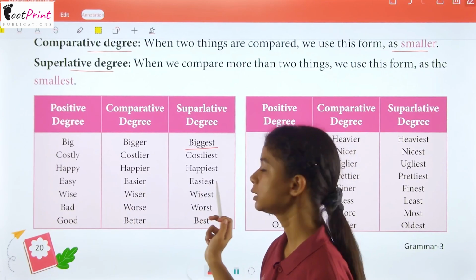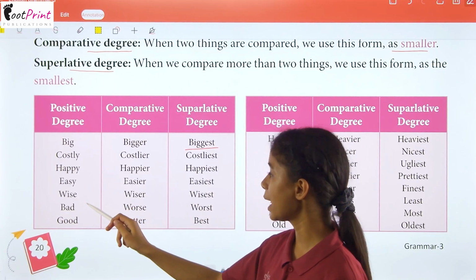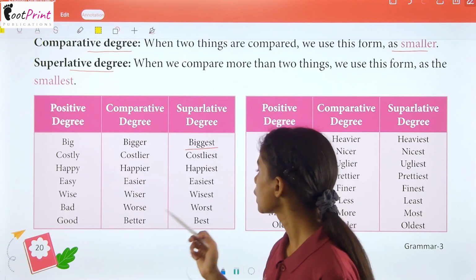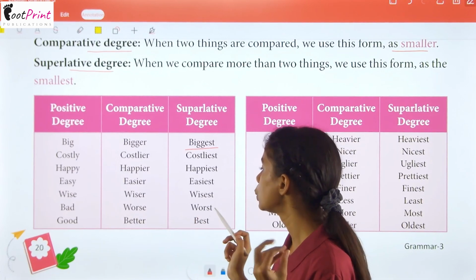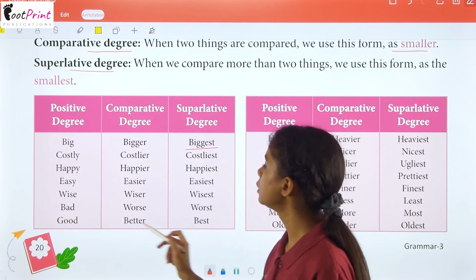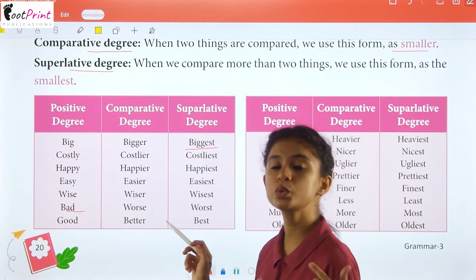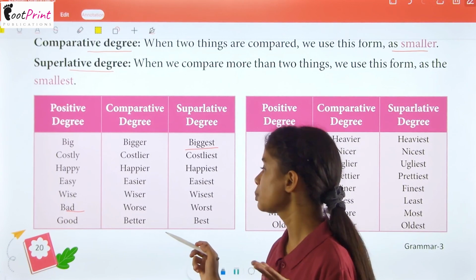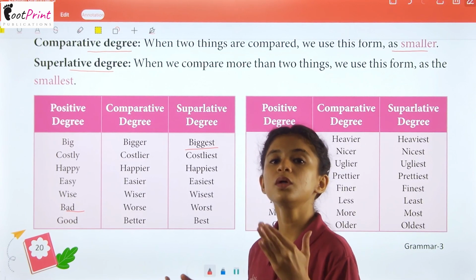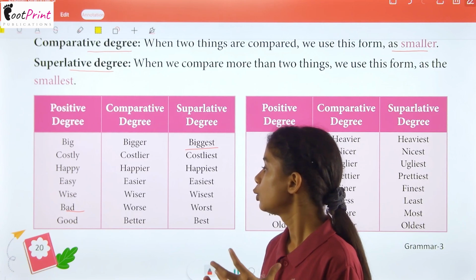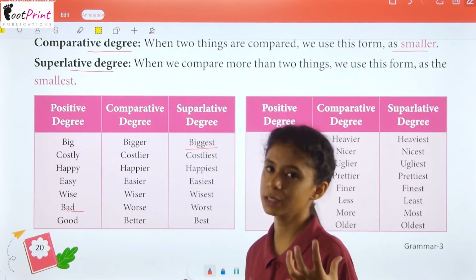Easy, easier, easiest. Wise, wiser, wisest. Bad, worse, worst. You can see in this one, we have not used the same word. We did not make it bad, badder, baddest. We have used different words. So, there are some words which do not keep the same word in the next degree.